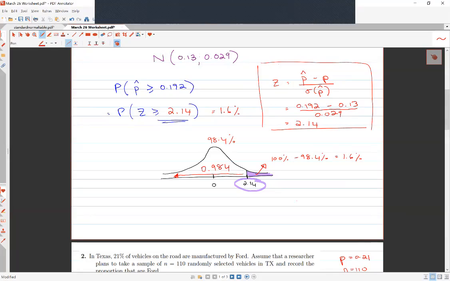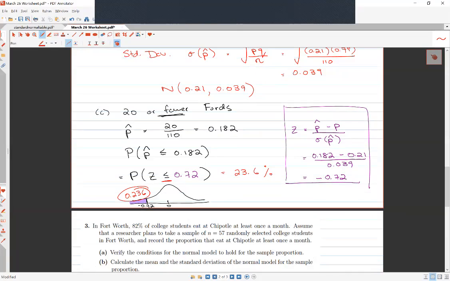The table always gives us area to the left, or probability to the left, and so we had to subtract it from 100. But in the problem we just did, we had a less than or equal to, which means we wanted the probability to the left of our z-value, and that's the way the table already gives it to us. So we were able to use it directly in this instance.